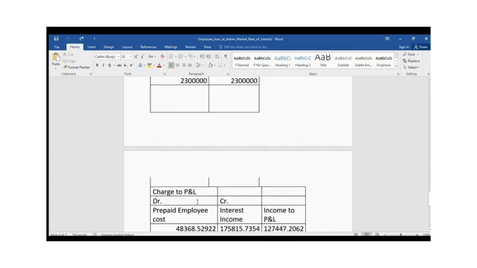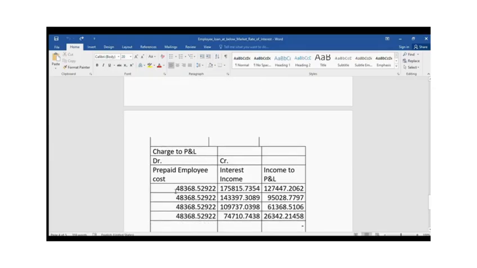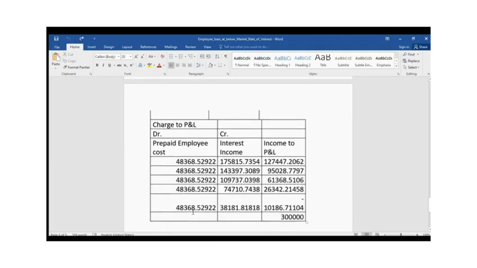Now we'll see the charge to the P&L. Prepaid employee cost is 48368, which is the same over the period of 5 years. Prepaid employee cost debit to the P&L would be 48368 for each of the 5 years, and the credit of interest income at 10% would be 175,815, 143397, 109737, 74710, 38181.